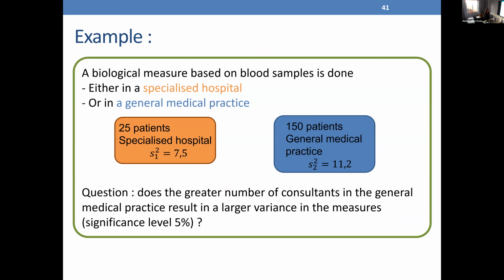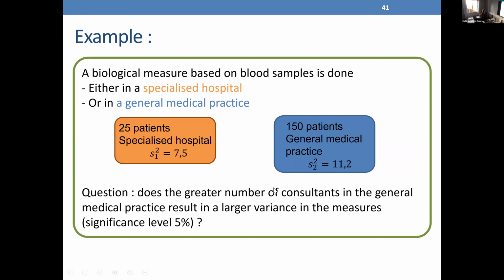So, first example, a biological measure based on blood samples is done either in a specialized hospital or in a general medical practice. Okay, so you do blood tests and you measure something like cholesterol or something, and for 25 patients the samples were taken in a specialized hospital, and for 150 patients the samples were taken in the general practice.